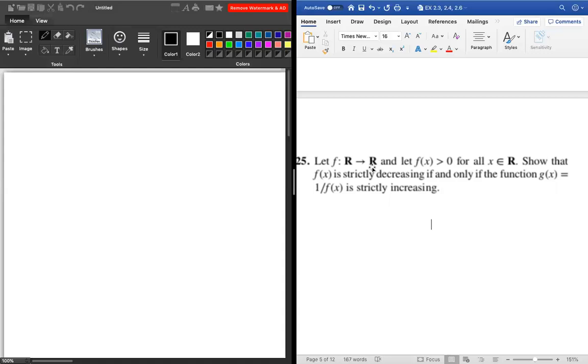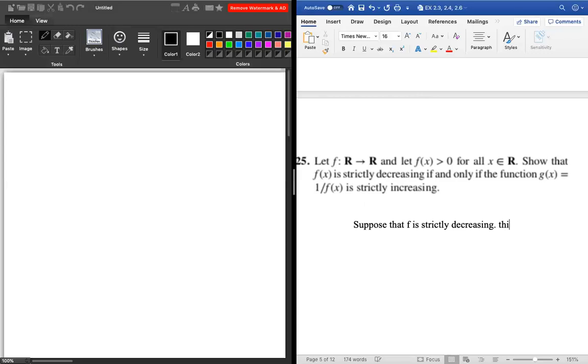Okay, so in this one, we suppose that f is strictly decreasing, because we have to show this, right? So we suppose that this is true. We suppose that f is strictly decreasing.